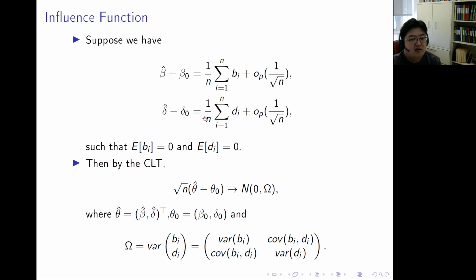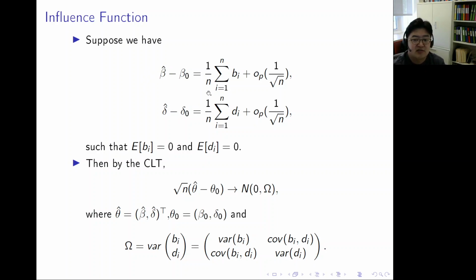And similarly, there is another influence function d_i for delta. By the way, in the question, the subscript was t, but here I'm using i. It was my mistake, a notation inconsistency. I'm sorry about that, but it doesn't matter. You can replace i with t. And additionally, we have to know that the mean should be 0, so that the estimator is unbiased.